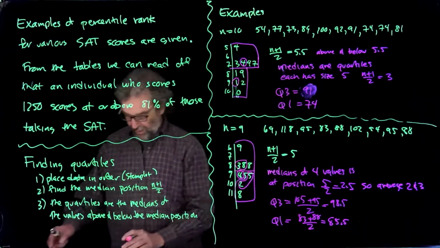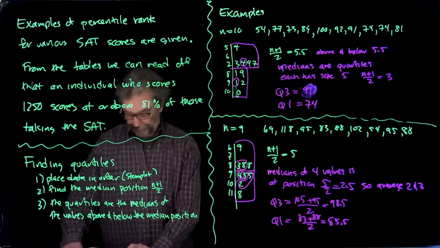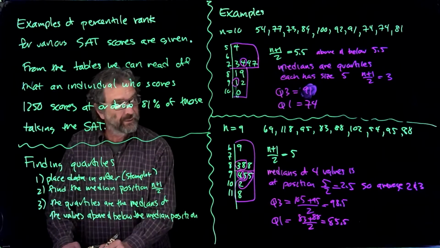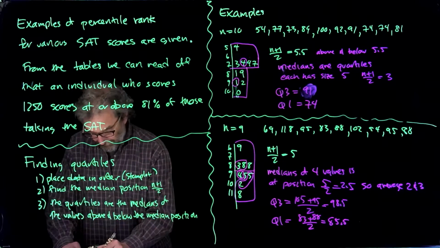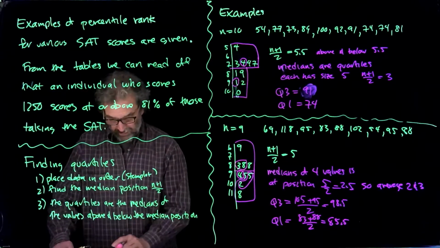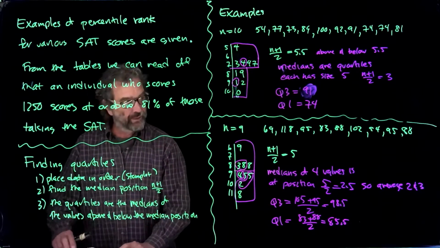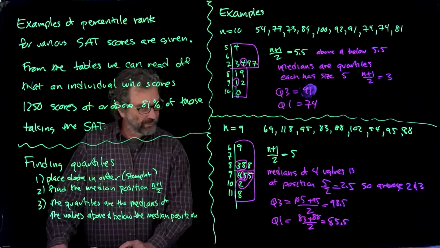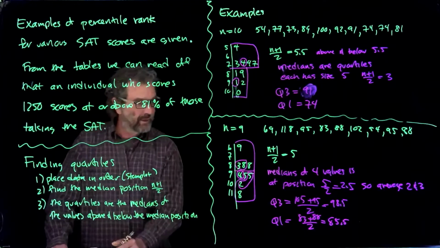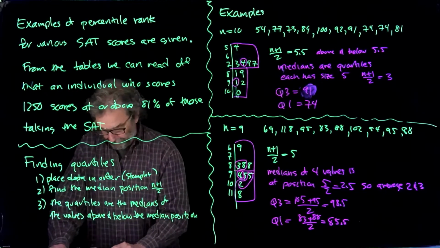So let me write this down because I might need these later. So for the first data set, Q3 was 91 and Q1 was 74. And the second time around, Q1 85.5 and Q3 98.5. Okay.